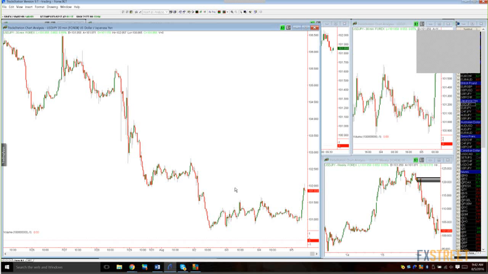There's a really nice level above right here. This level can very easily be in play next, but I wouldn't think about shorting it before then, unless you've got a little 2-minute, 5-minute setup that you're looking at.